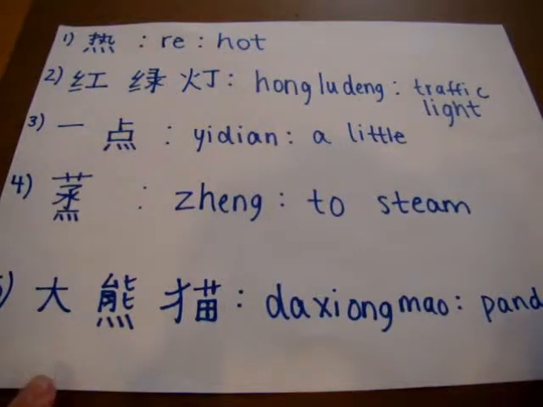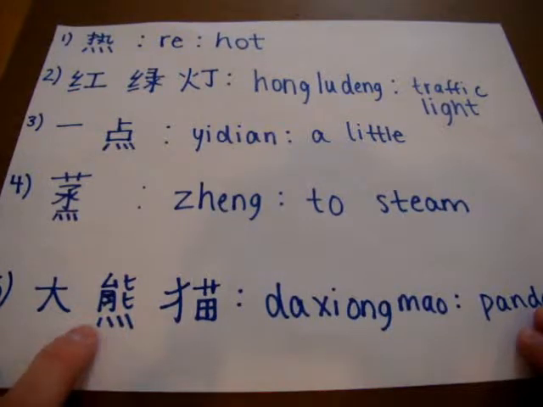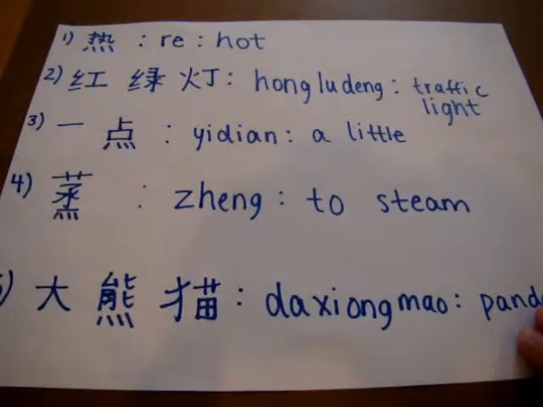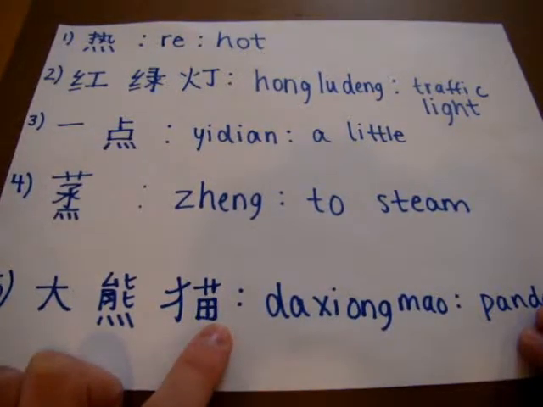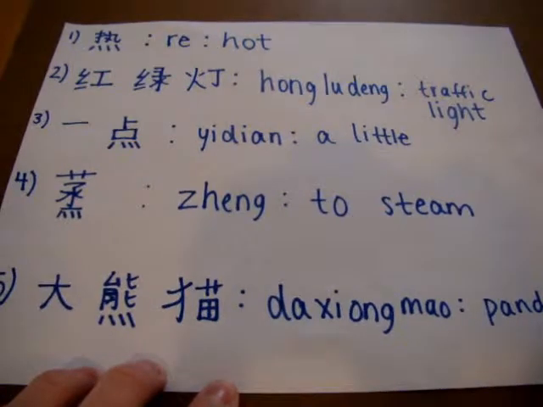And then this last word right here, da xiong mao, is the word for panda. Da means big, xiong means angry, and you can see where the fire radical comes in here, because if you're angry, you're fired up. And mao means cat. So together, it's a big angry cat, which means panda.